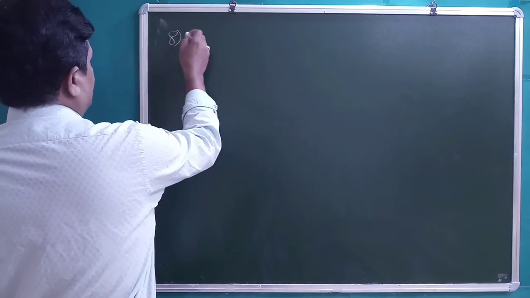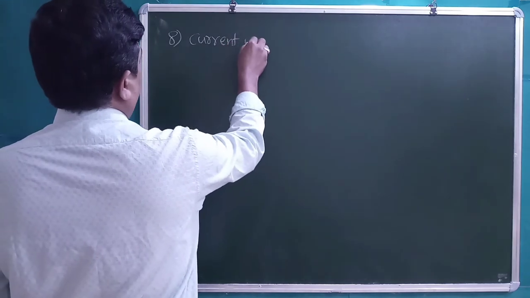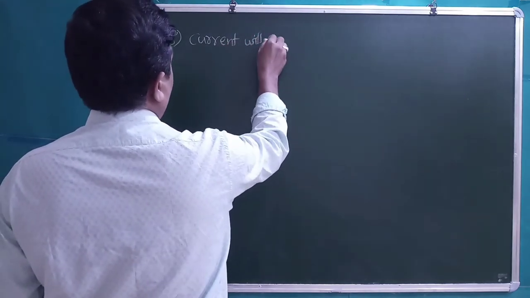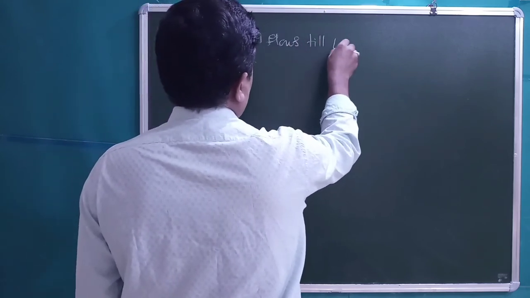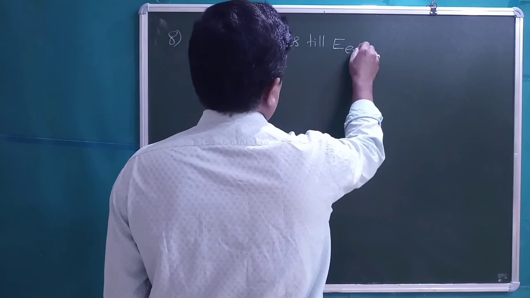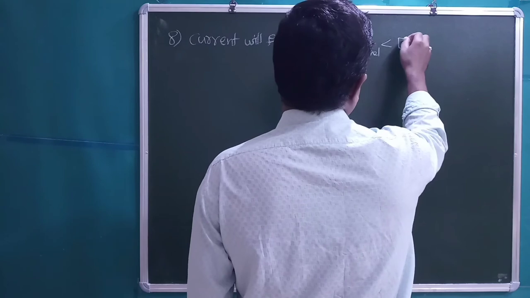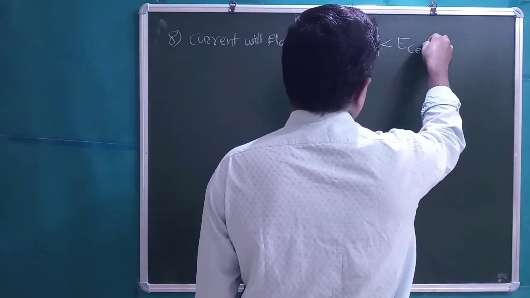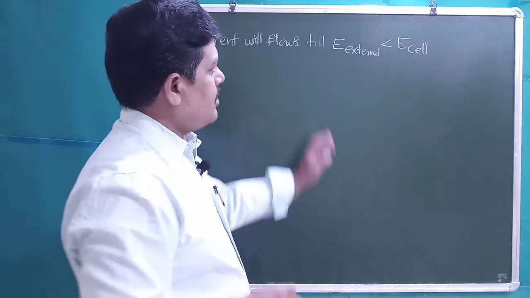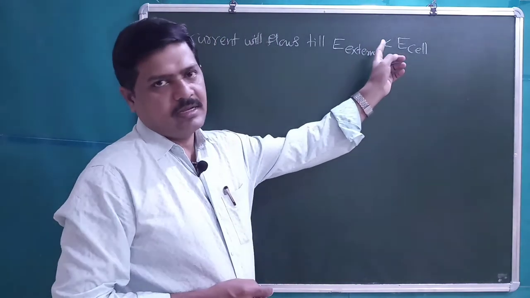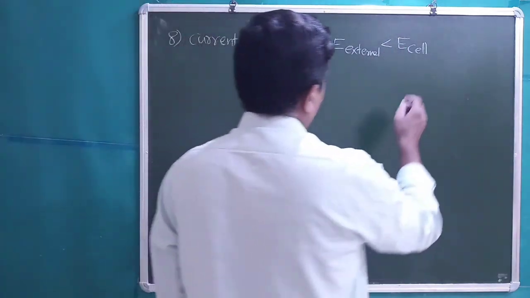Students, the 8th point is: current will flow till E external is lesser than E cell. Electromotive force: some opposing potential will be there. If the opposing potential is less than the electromotive force of the cell, E cell, then current will flow.